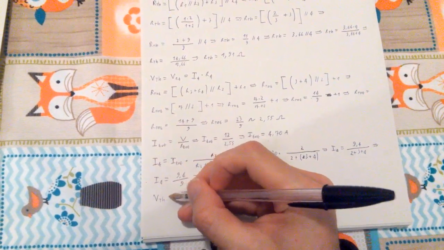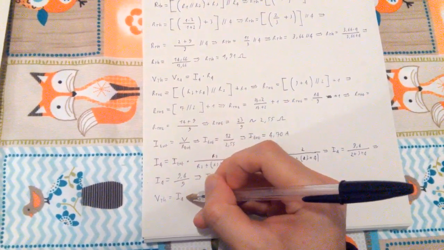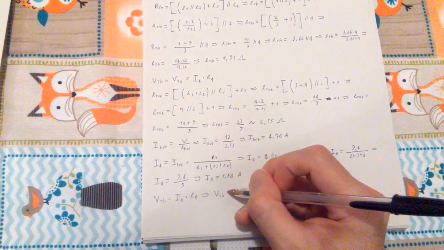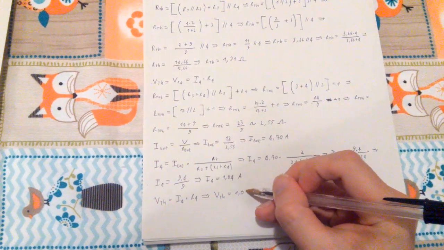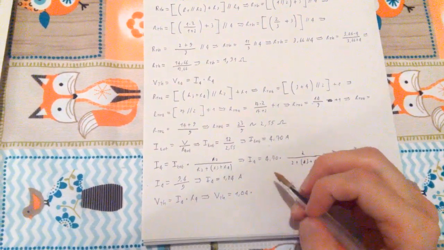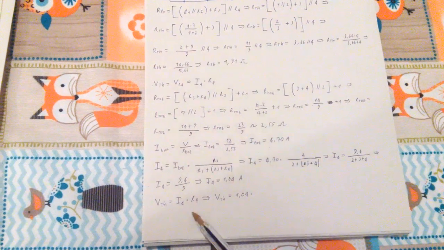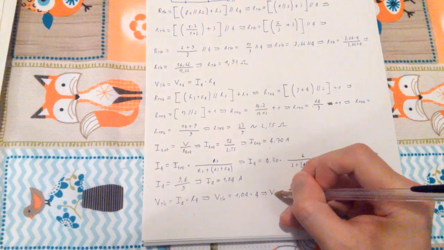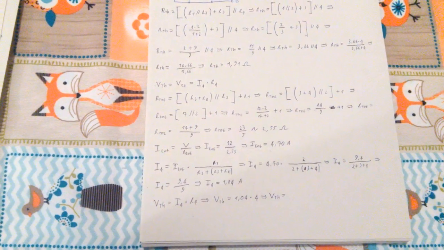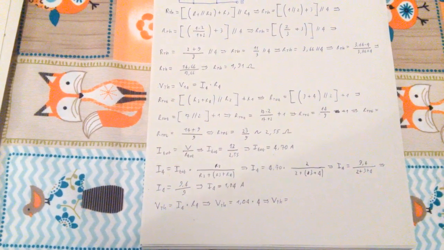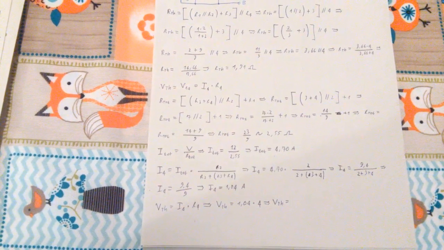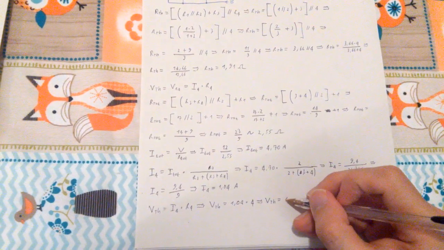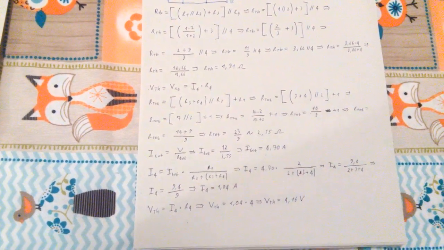We said that VTH is I4 times R4. Therefore, VTH is 1.04, which we had just found, times R4, which was 4, given to us by the problem. So VTH is 1.04 times 4, which is 4.16 volt.